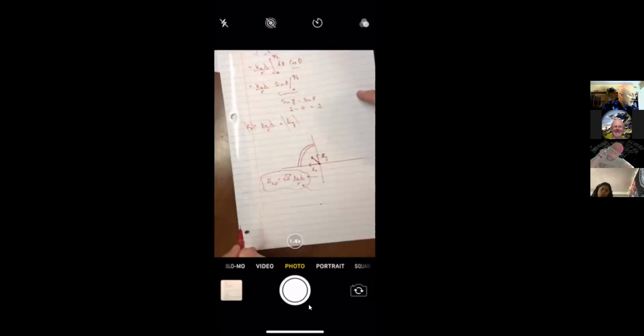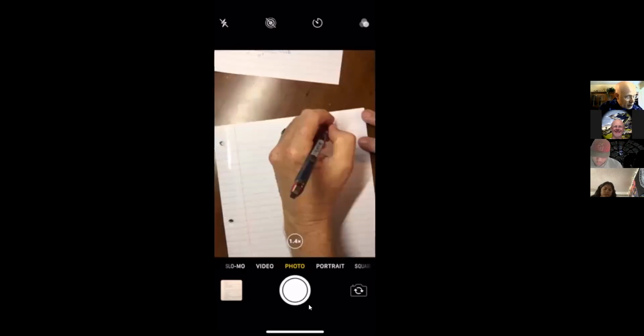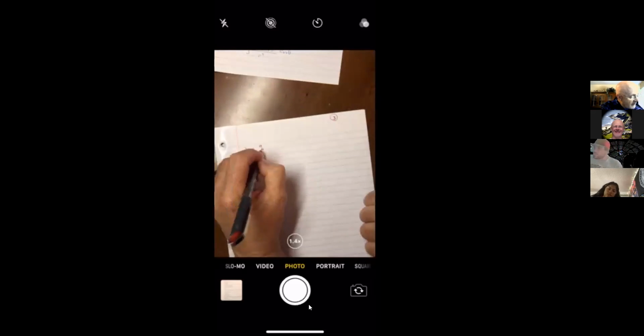And so I'll come back to that. Let me just call that page 2 here. Go on to a page 3. But why don't I start with the lambda? The lambda would be the same as the total charge over the total length.